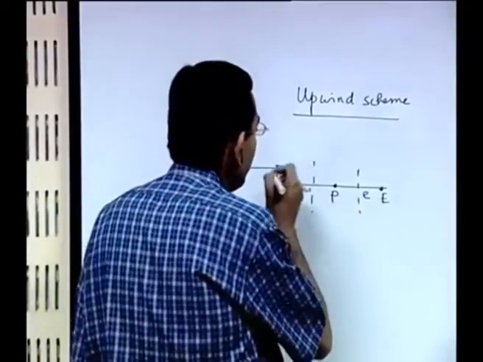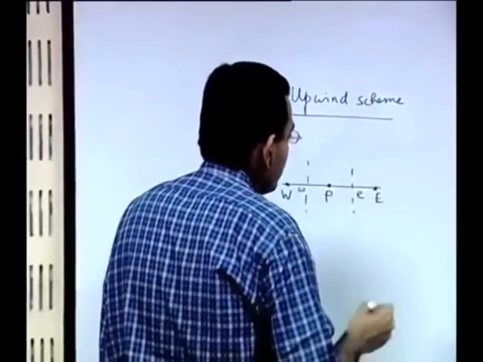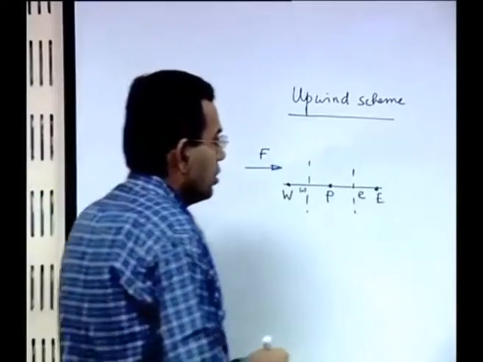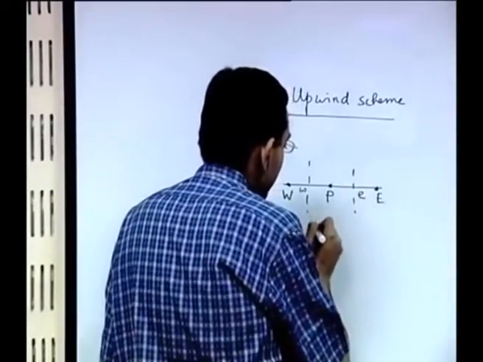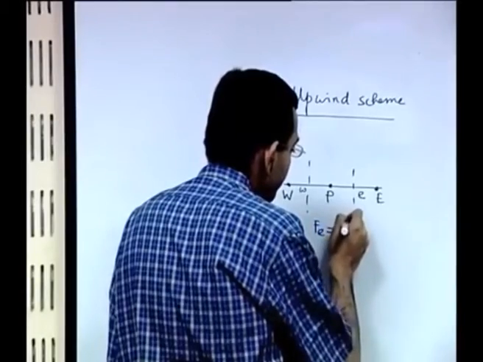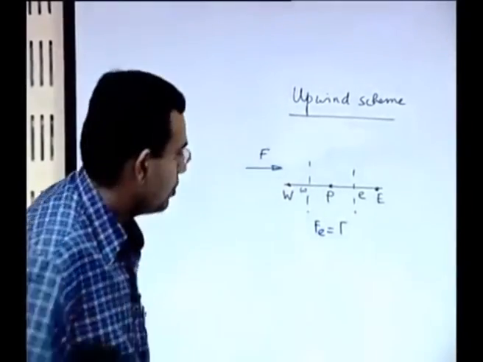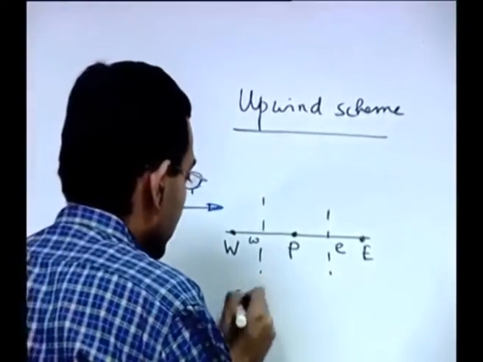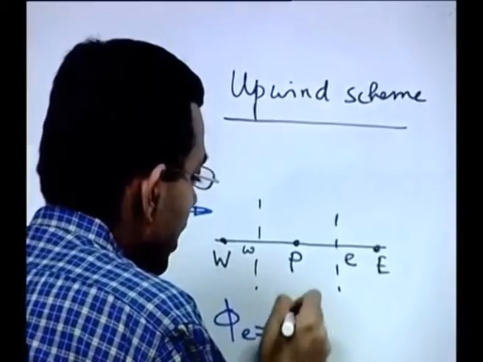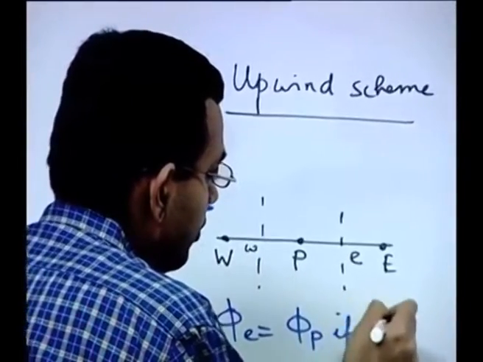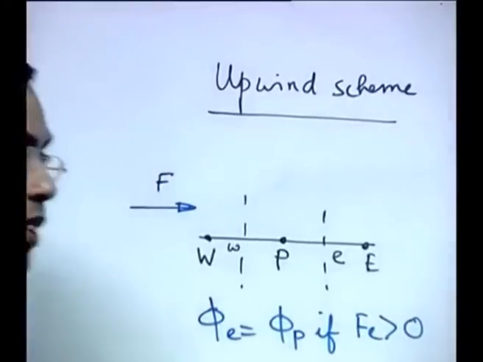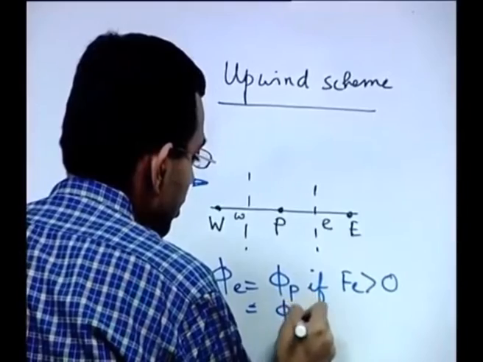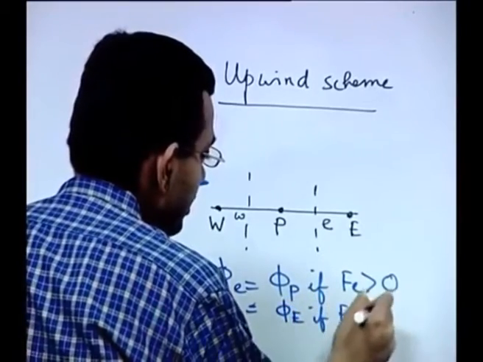So, if the fluid flow is occurring from left to the right, that is F is greater than 0, we can say that phi small e is equal to phi P if F e is greater than 0, and equal to phi E if F e is less than 0.